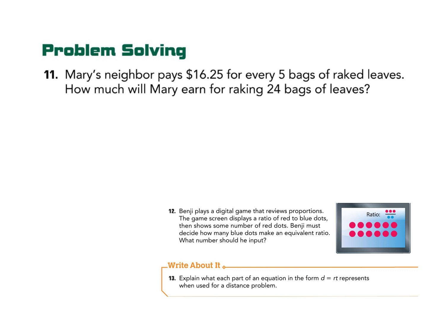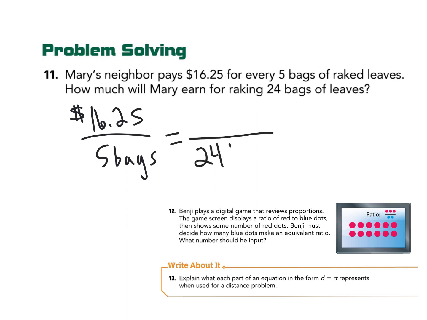If we look at number 11, Mary's neighbor pays $16.25 for every 5 bags of raked leaves. How much will Mary earn for raking 24 bags of leaves? So it's $16.25 for 5 bags. We're trying to find for 24 bags.